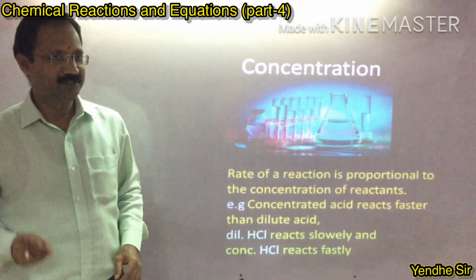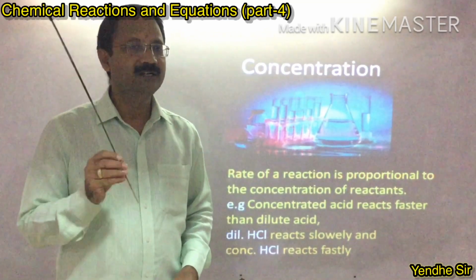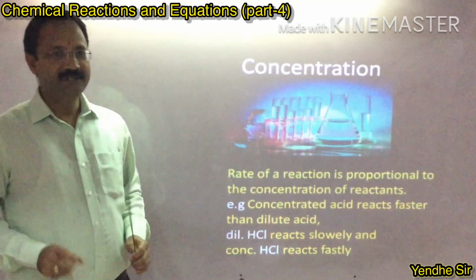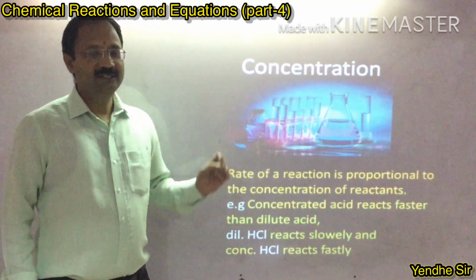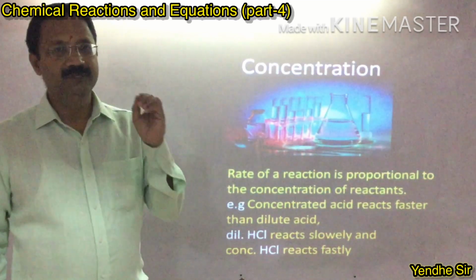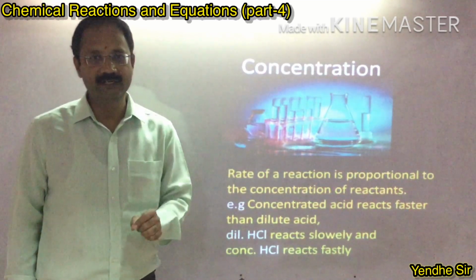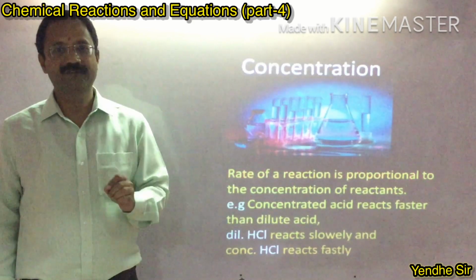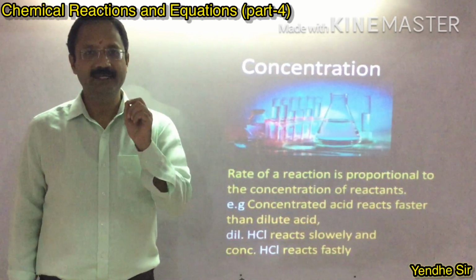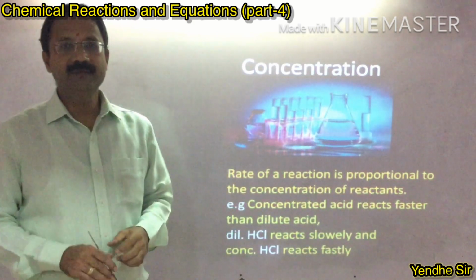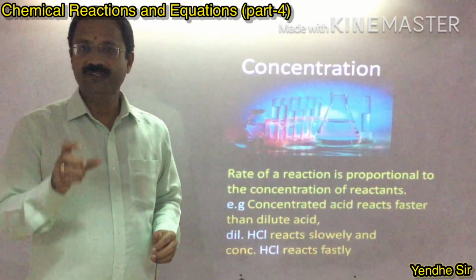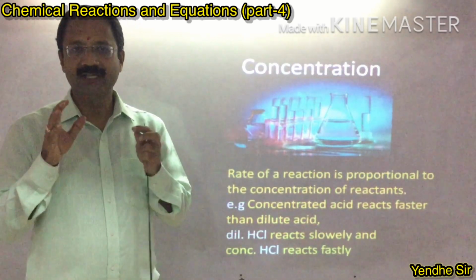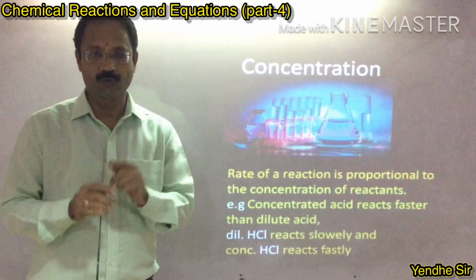Let's see the third point, which is the concentration. Here, see that the concentration of the mixture or the liquid always affects the rate of chemical reaction. If the solution is dilute, then the rate of reaction is slower.